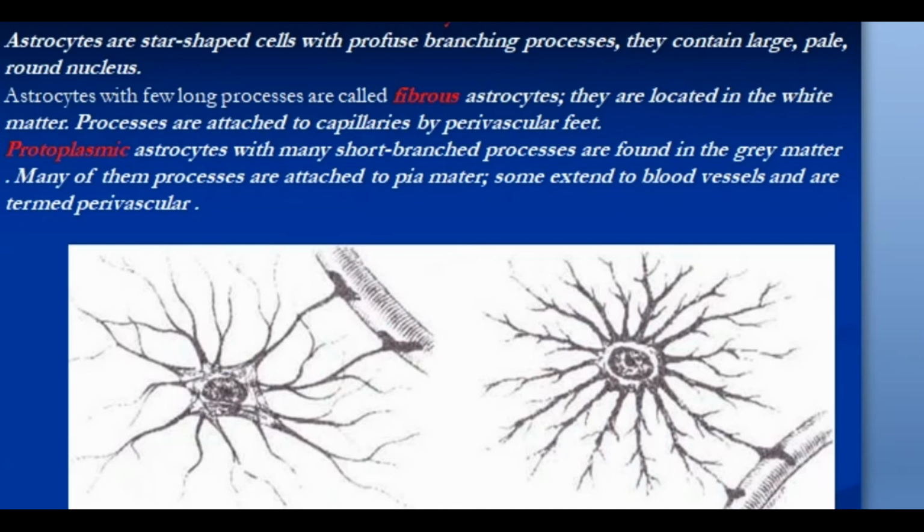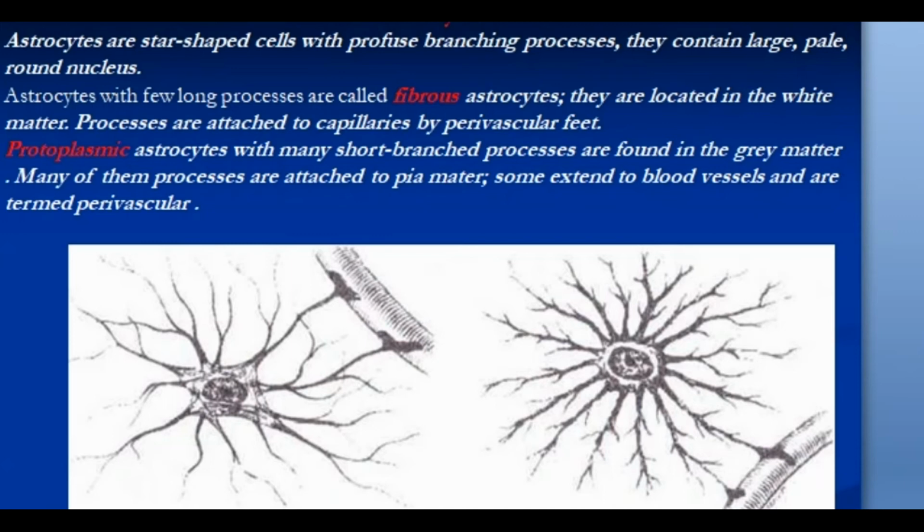Astrocytes with few long processes are called fibrous astrocytes. They are located in the white matter. And their processes are attached to the capillaries by perivascular feet. And protoplasmic astrocytes with many short branched processes are found in the gray matter.